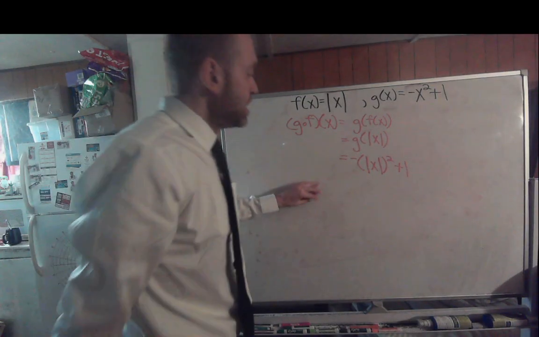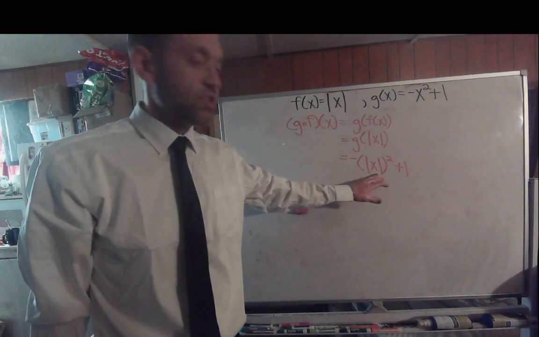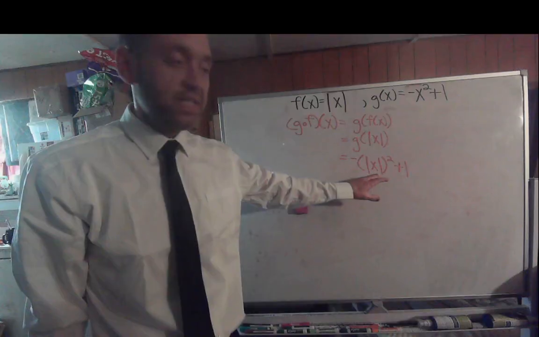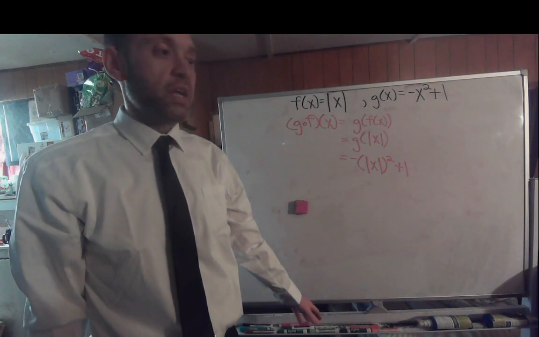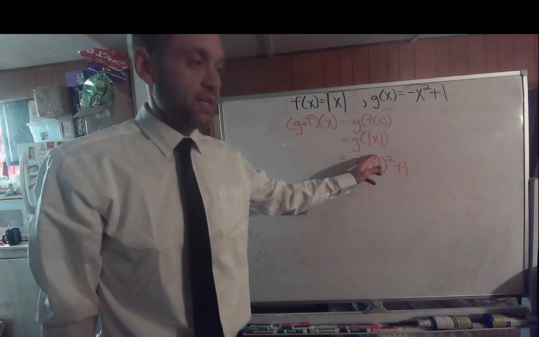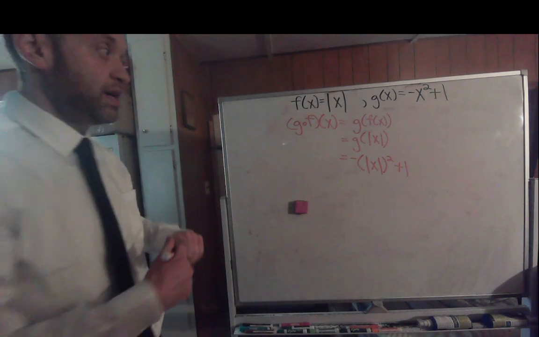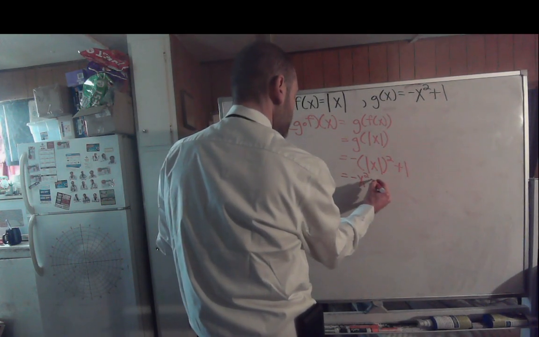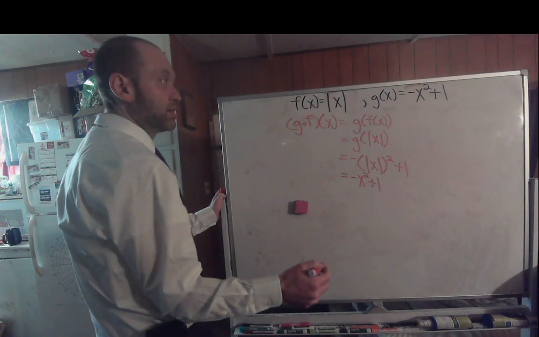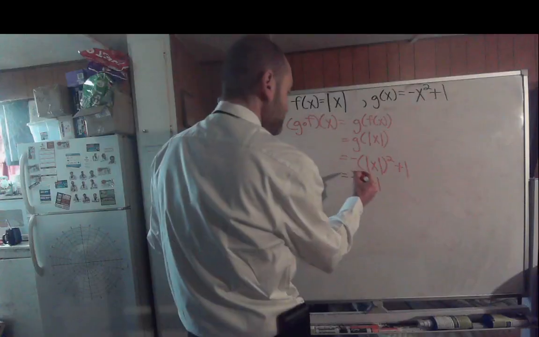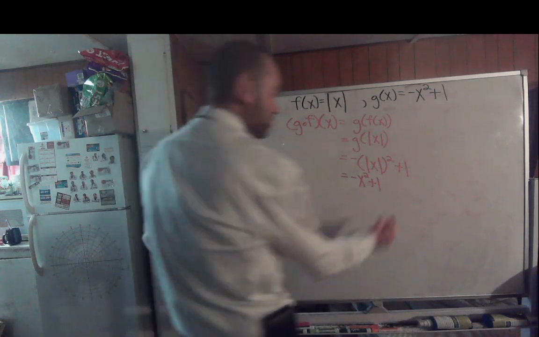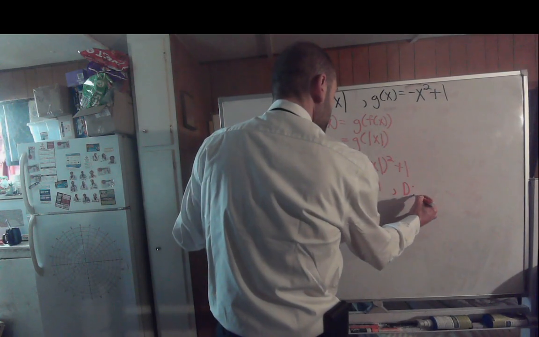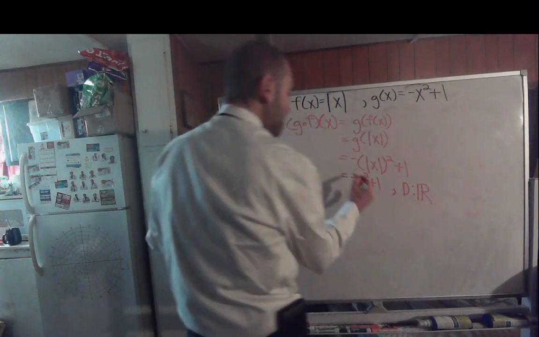Well, whatever your absolute value is, the absolute value at the least will be 0, right? But if it's a negative number, it becomes positive. And if you square it, that's a double positive. So really all this is going to turn into is negative x squared plus 1. You're going to literally end up getting g of x back, where the domain is going to be the entire set of real numbers.